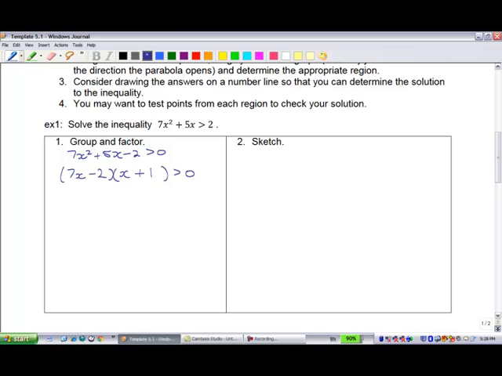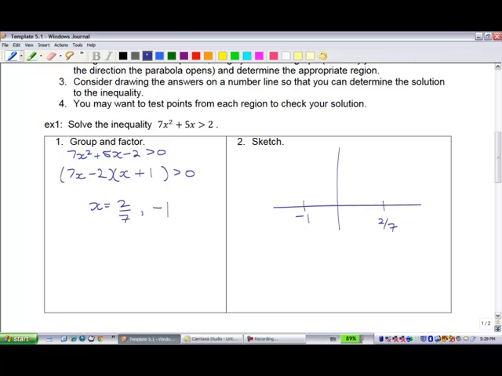That tells me that the zeros are x equals 2/7 and negative 1 from the factors. Now let's roughly sketch this. We're going to draw our parabola here. I have zeros of negative 1, which is on the left, and 2/7, which is on the right. I'm not being terribly precise.